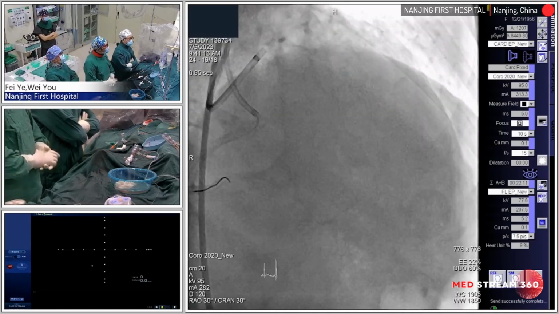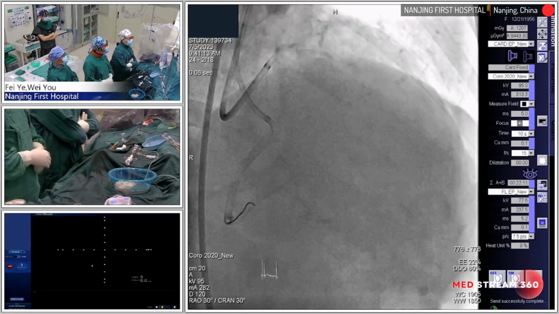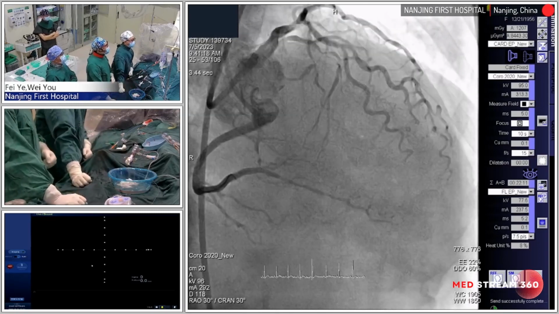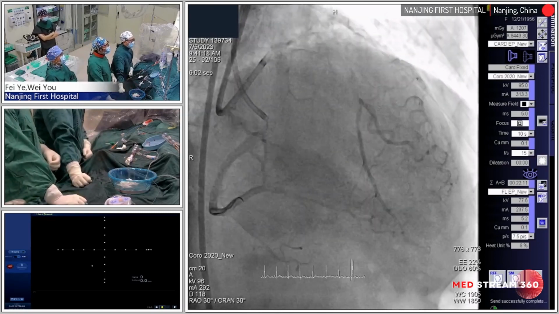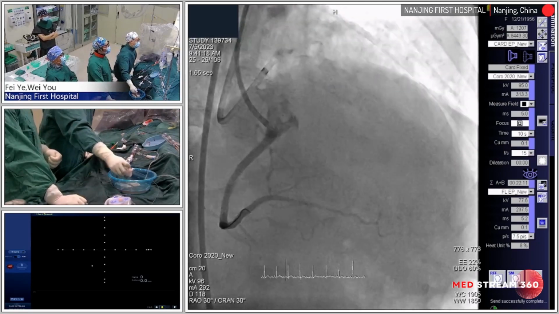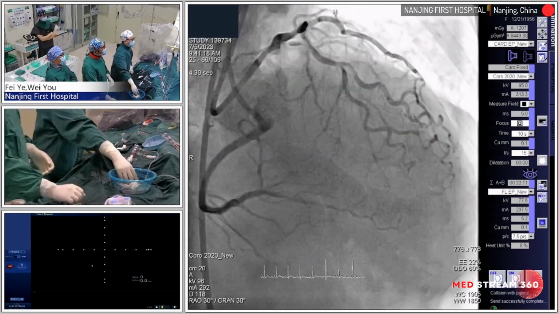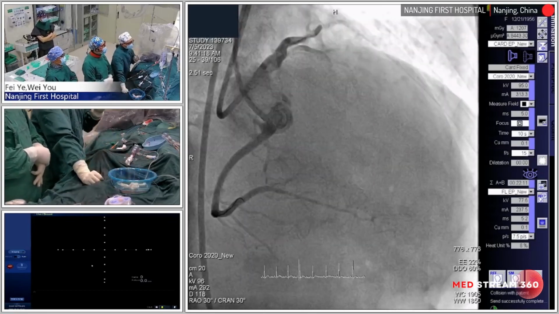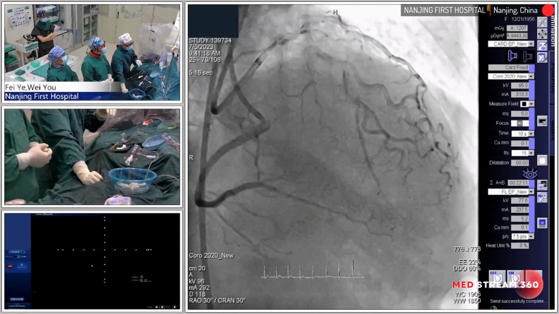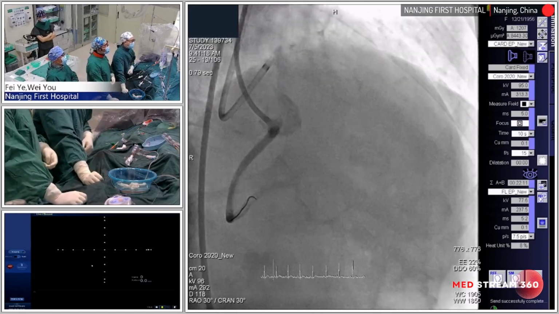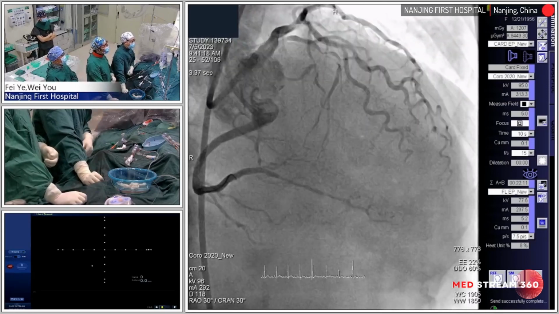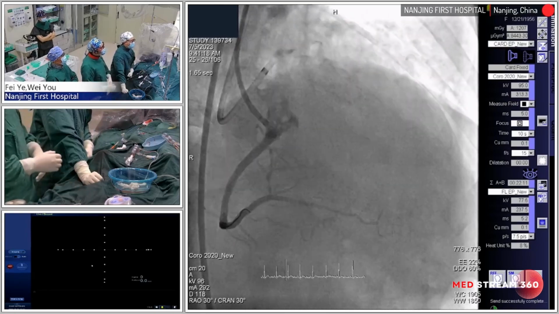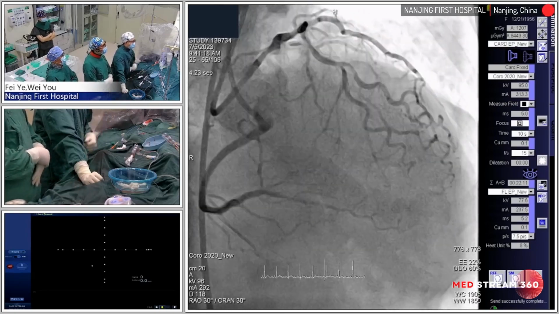You can see it's the bilateral coronary angiography, because of the total occlusion in the middle segment of the LAD. But unfortunately, we failed to find the contralateral collaterals from the distal RCA. There is also a common collateral from the PDA through the septal to the LAD. But because of the equivalent distribution of the coronary artery, we cannot find contralateral collaterals from the distal RCA.